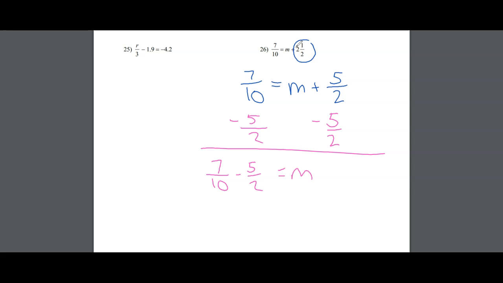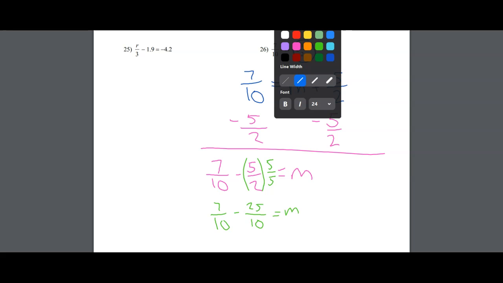Now we just need to make sure we have common denominators here. Common denominator is 10, so I'm going to multiply this fraction by 5 over 5. That's going to give me a denominator of 10. So I get 7/10 minus 25/10 is equal to m.